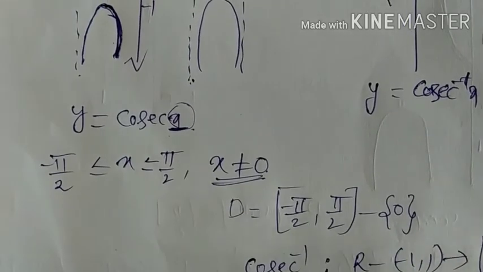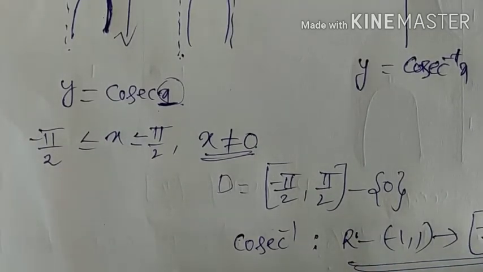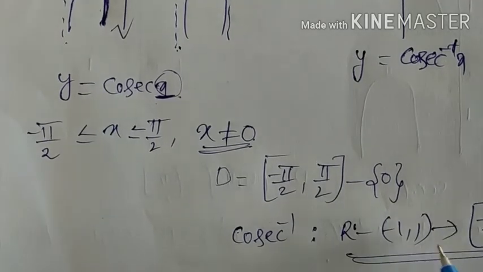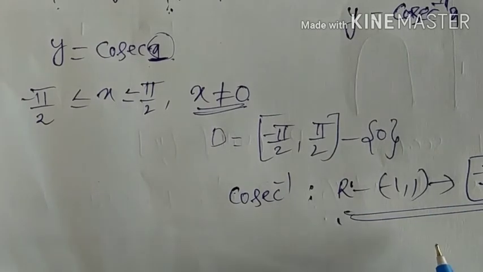This is the cosecant inverse function. This represents the domain, this represents the range of the inverse of the cosecant function. This is called the principal value of the inverse cosecant function, right?